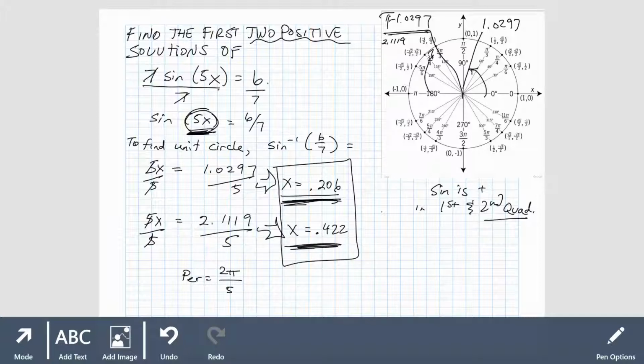So if I needed more answers, I could add multiples of 2 pi over 5, so 2/5 pi k. However, because all it wanted was the first two positive solutions, it's these two, and any other answers would be multiples of those. So this would be your final solution. But we could get any other answers that we wanted by adding 2 pi over 5 k, since that's our modified period.